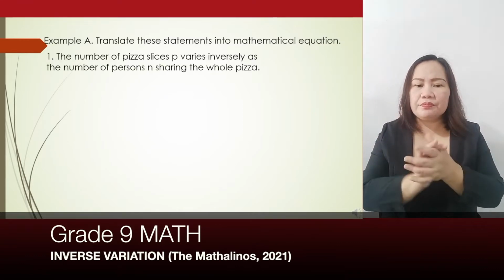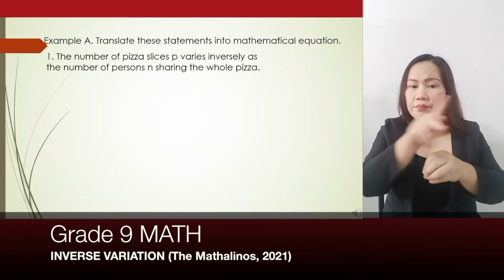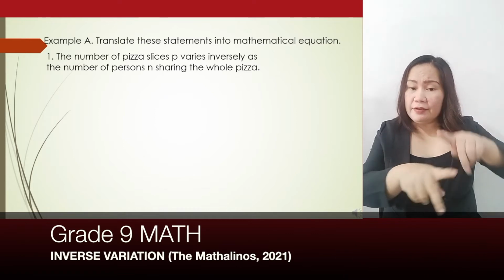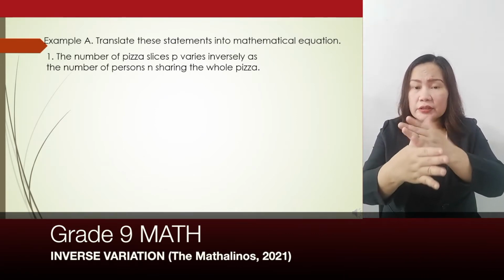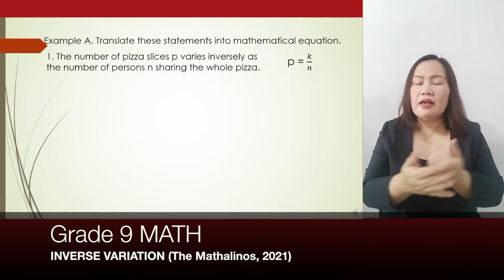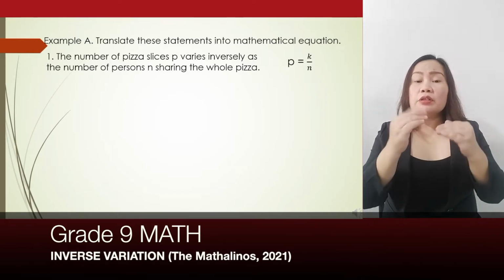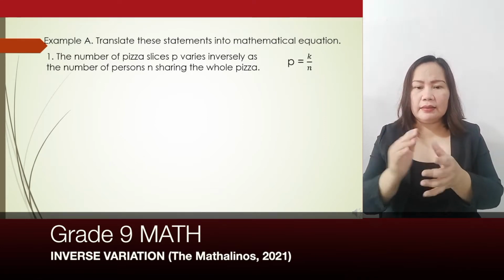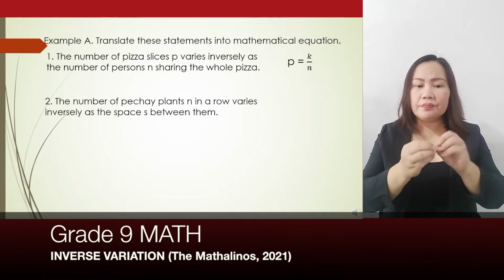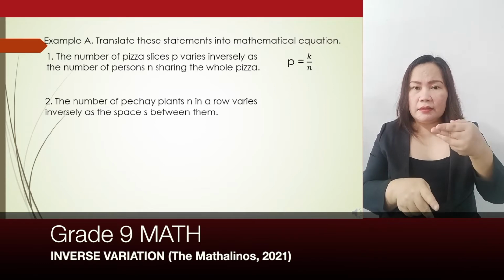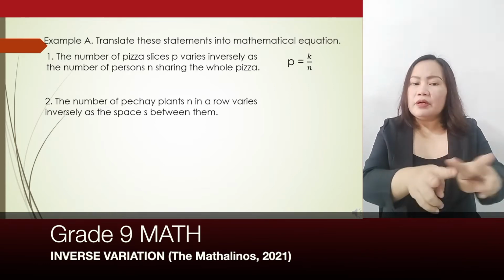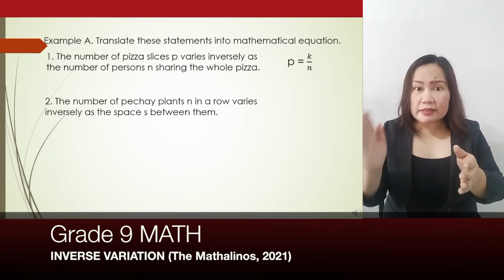Let's translate these statements into mathematical equations. Number 1. The number of pizza slices P varies inversely as the number of persons N sharing the whole pizza. So the mathematical equation is P equals k over N. Number 2. The number of peach plants N in a row varies inversely as the space S between them.